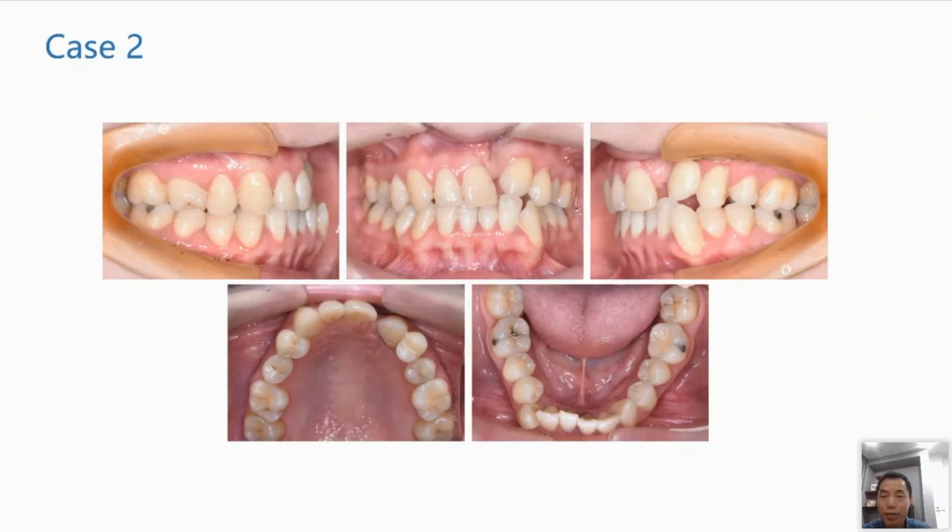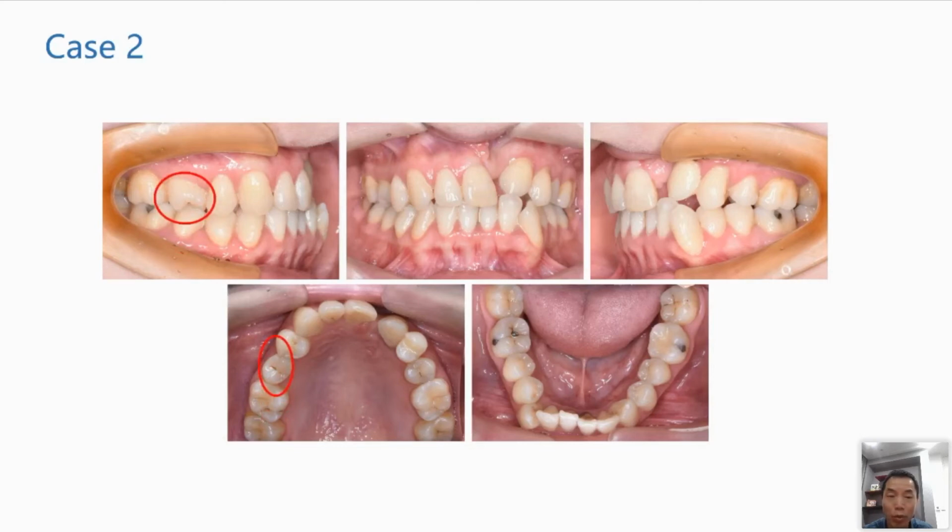Another case, tooth 15 rotated more than 100 degrees. Please note, this is the lingual cusp. This is the buccal cusp. So it's a rotation of more than 100 degrees.